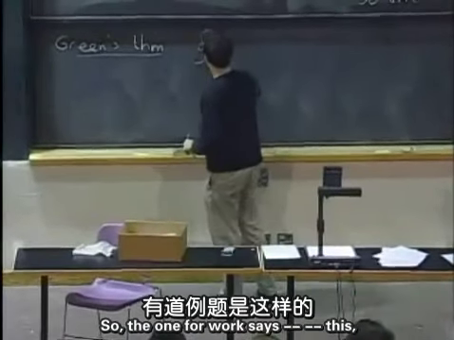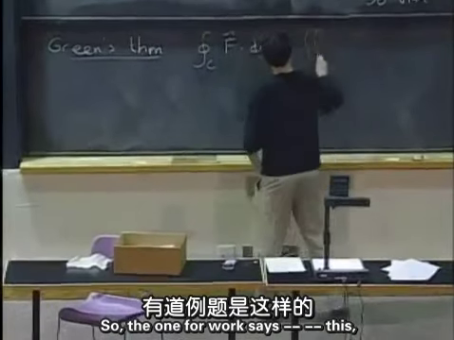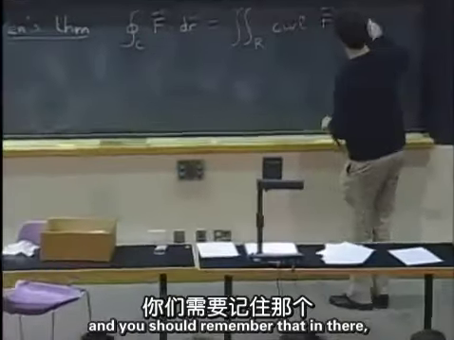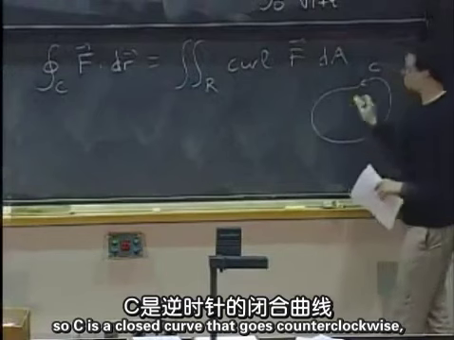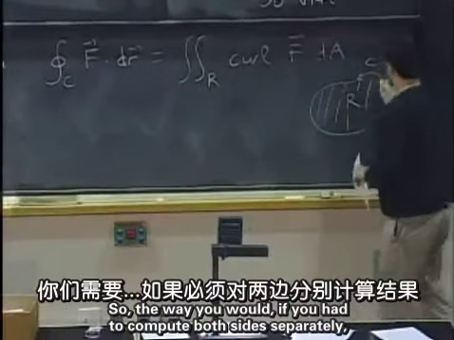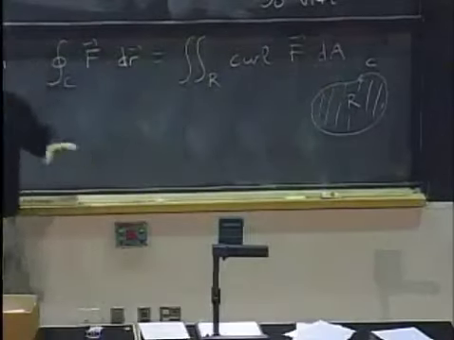So the one for work says this, and you should remember in there, C is a closed curve that goes counterclockwise, and R is the region inside.